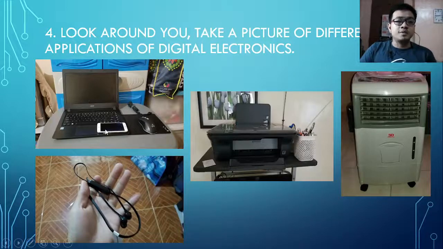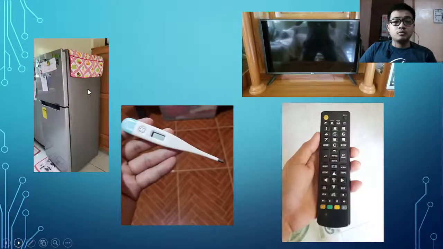We have laptops, smartphones, the wireless headset, which is really a trend right now, wireless devices, printers, appliances at home, refrigerators, digital thermometers, smart TVs, and a remote control. These devices can be seen anywhere in our homes.